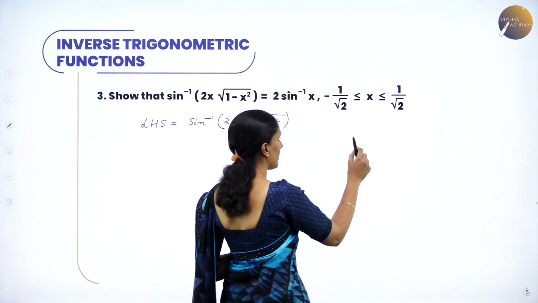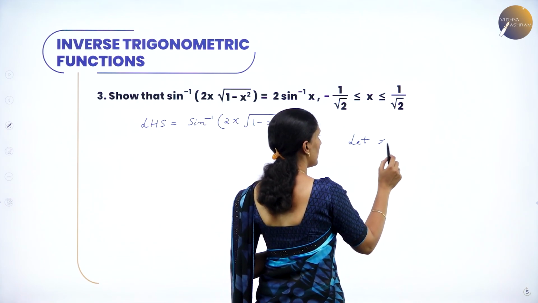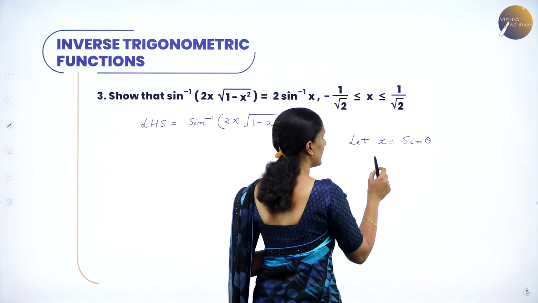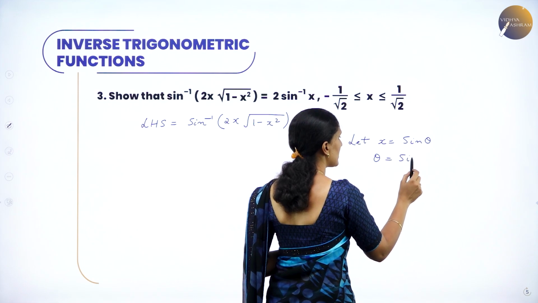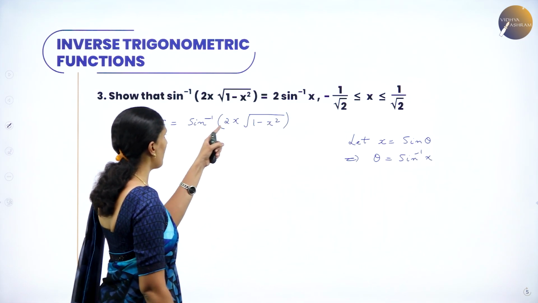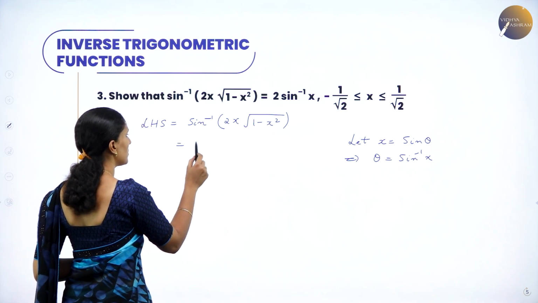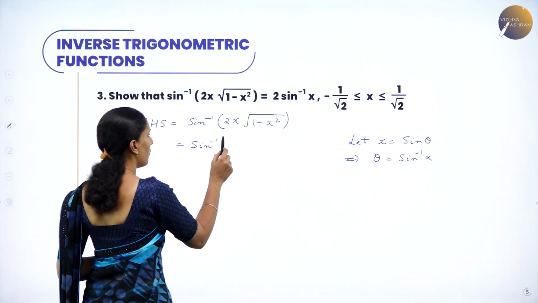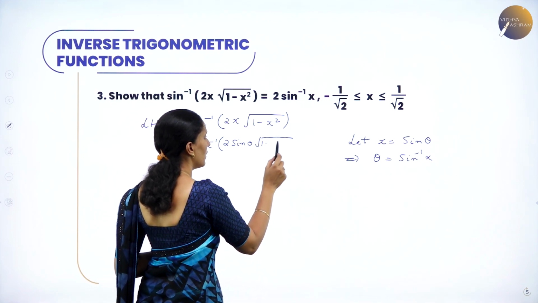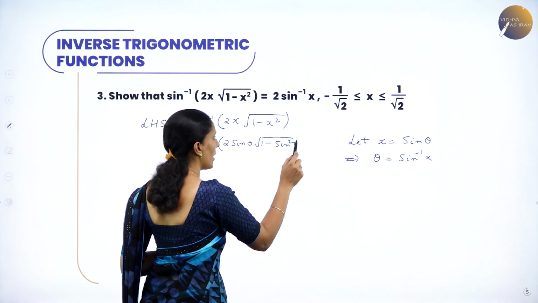Let us take x equal to sine theta. If x is sine theta, then theta becomes sine inverse x. So wherever you have x, substitute sine theta. So this is sine inverse of 2 sine theta root of 1 minus sine square theta.